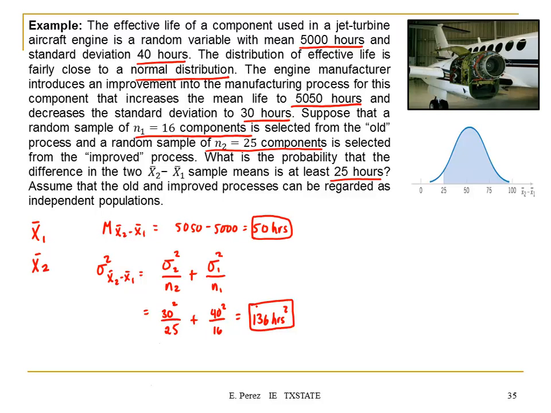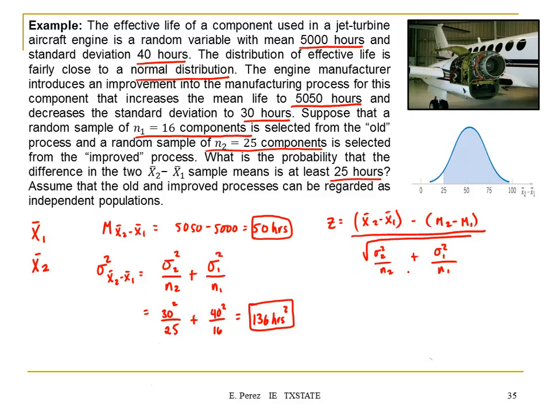So now we can proceed and compute the z value. So z is equal to x bar 2 minus x bar 1 minus mu2 minus mu1, divided by the square root of sigma squared 2 over n2 plus sigma squared 1 over n1.